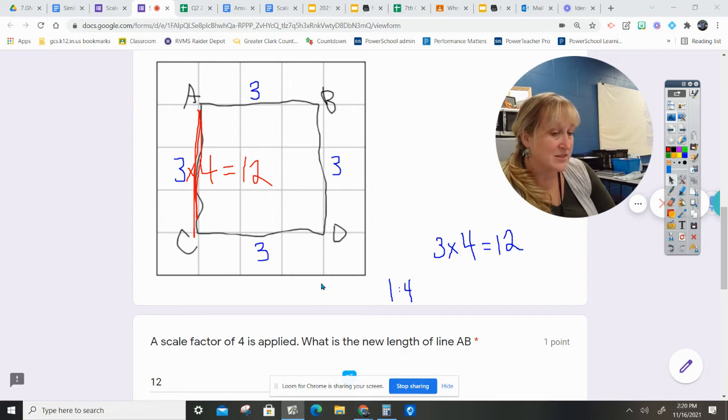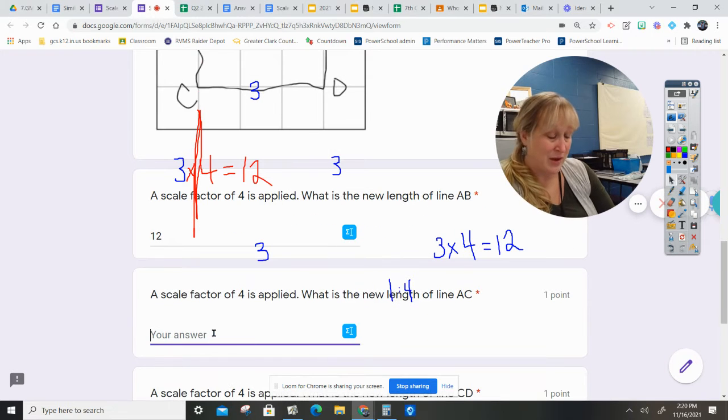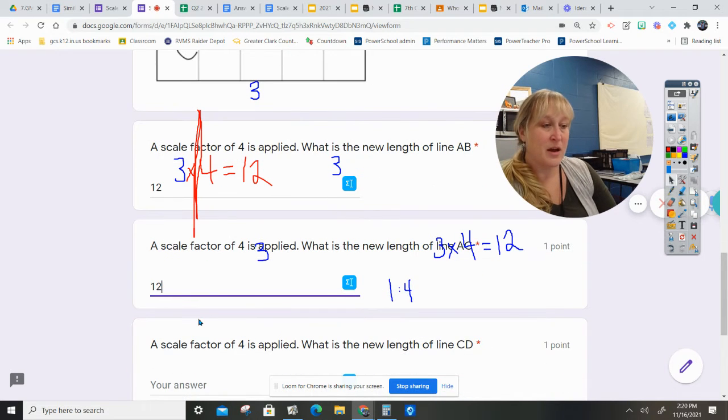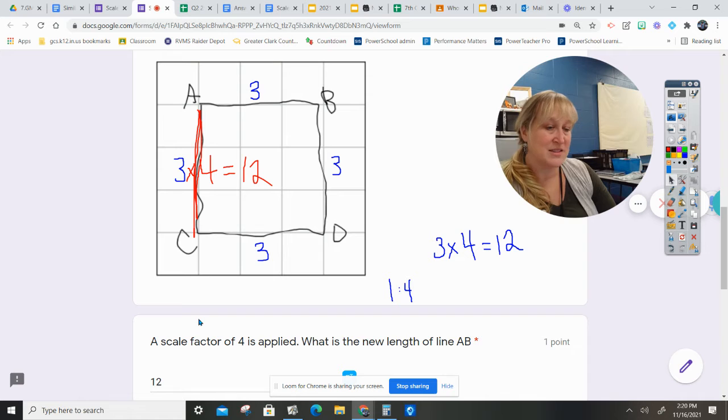Right now, because this is a perfect square, that doesn't really matter. All of these answers are going to be 12 because all of the sides are the same. What I'm wanting you to notice is they are asking about different lines. For example, they're asking about line CD. CD is 3, so I take 3 times 4 because it's getting 4 times bigger, and it's going to be 12.